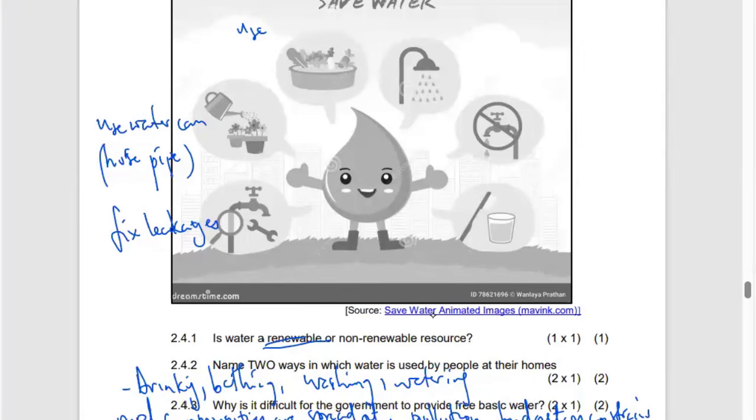What we are saying in this technique is that we are using the watering can to reduce the amount of water which has been used, and also to avoid using excessive water through a hose pipe.